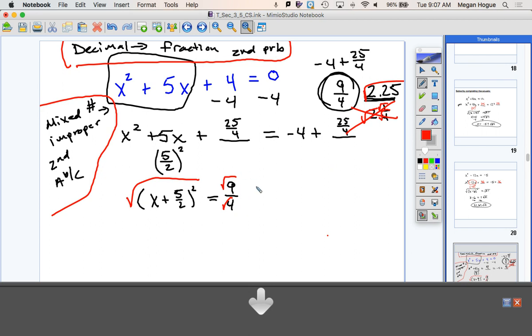So that improper fraction allows me to take the square root of the top and the bottom. So now I can do x plus 5/2 equals plus or minus. Oh, I like this one even better because what's the square root of 9? And then what's the square root of 4? 2. Sometimes the top number won't be a perfect square, but the good news is the bottom number always will be. In fact, it's always going to be 4.